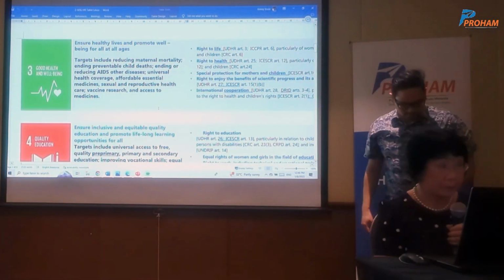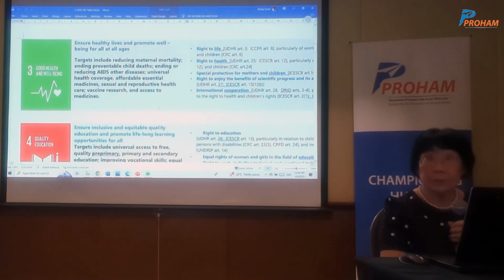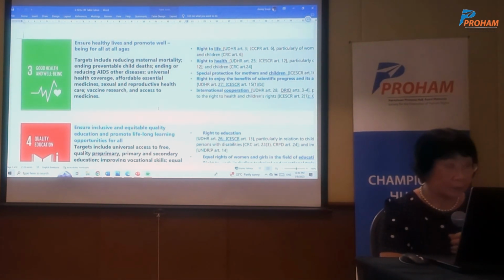Yes. So it says here, good health and well-being, and also ensure healthy lives to all of the people. Well, in Malaysia, one positive thing I want to mention here is all Malaysians get almost free healthcare by the government.